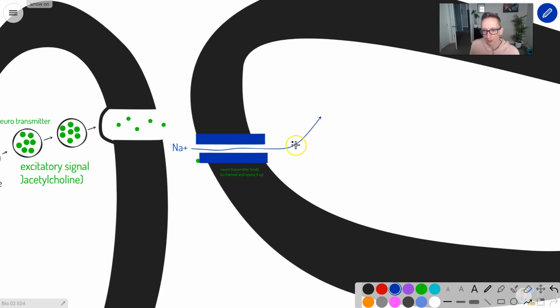Okay, and what's going to happen if sodium rushes in? It's going to change the membrane potential, which is normally negative. So now it's going to be a positive membrane potential all in here, which is going to cause what to happen? Future sodium channels to open up.